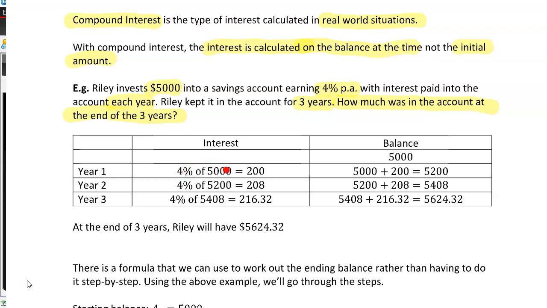Okay, so you can see how it calculates that interest, based on that new amount, not on that $5,000. If it was simple interest, it'd be earning $200 each year. But you can see that slowly it's earning more interest each year. So our balance is increasing more each year.